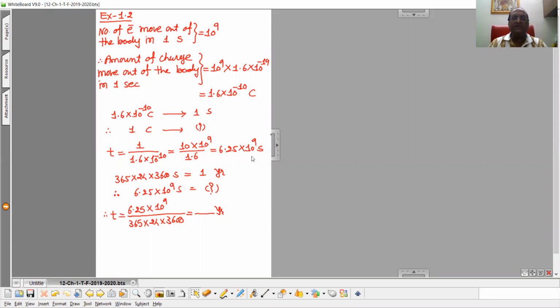Now suppose we convert these seconds into years. 365 into 24 into 3600 seconds is 1 year. So T is 6.25 into 10 raised to 9 upon 365 into 24 into 3600 years, which means 1 coulomb charge moves out of the body after this many years.